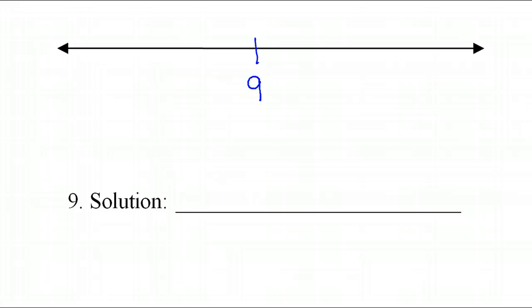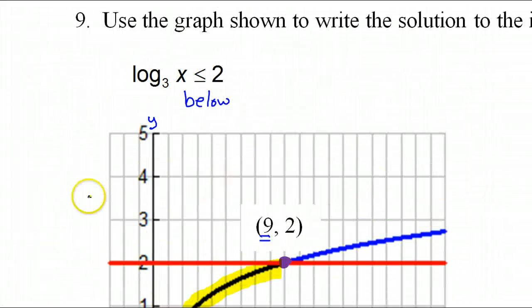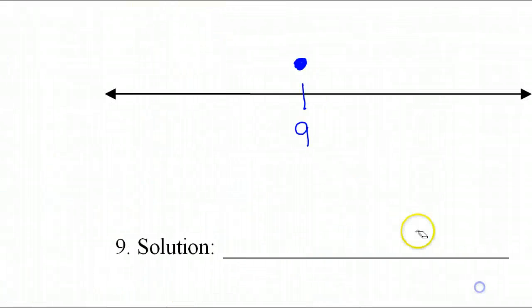So we'll put 9. Again, this will be a closed circle, because it is "or equal to." Had it been just less than, then we would do an open circle. Now all we have to figure out is, will the solutions be to the left or to the right?